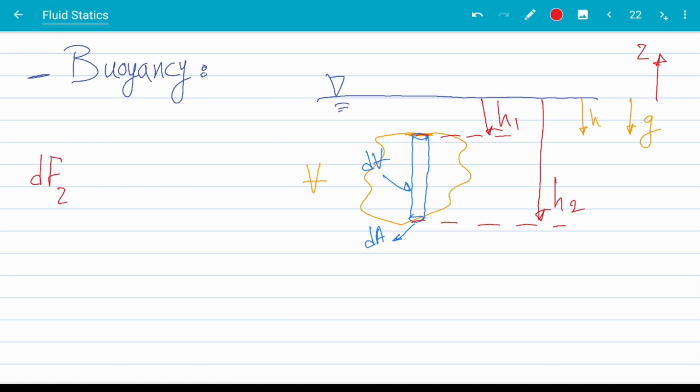dFz, which is the force acting on this cylindrical element in the z direction, is going to be the pressure at the bottom, let's call it P2, minus the pressure of the top, P1, times dA.